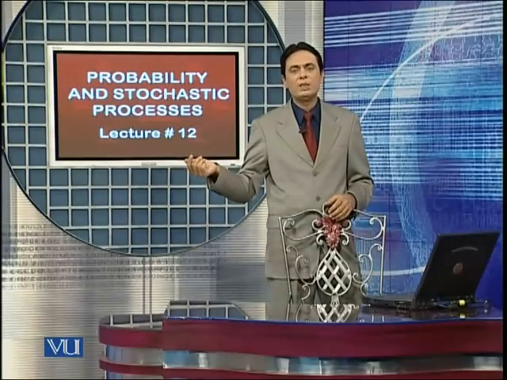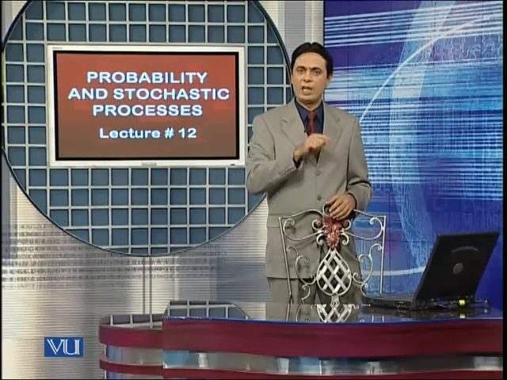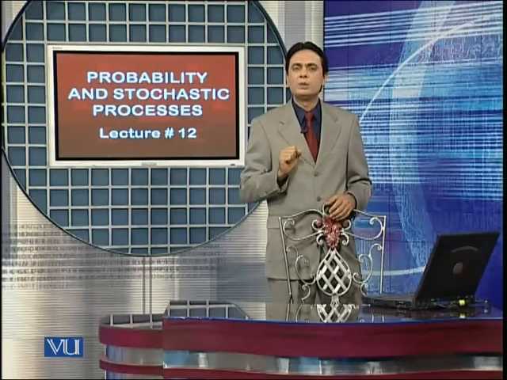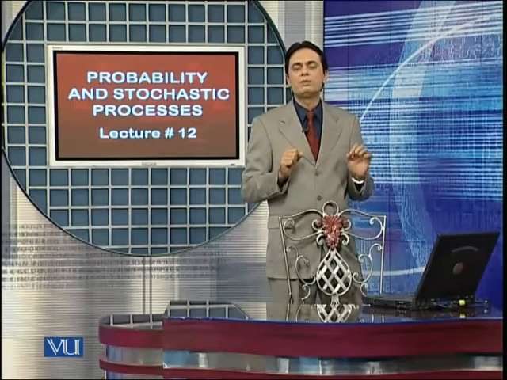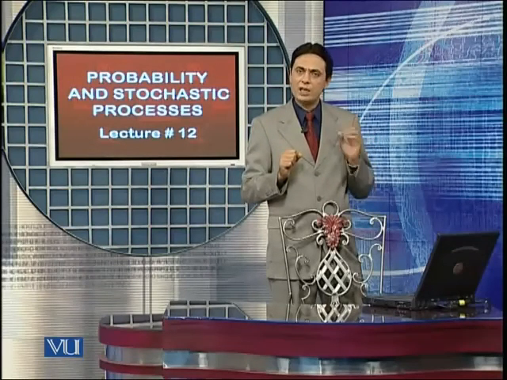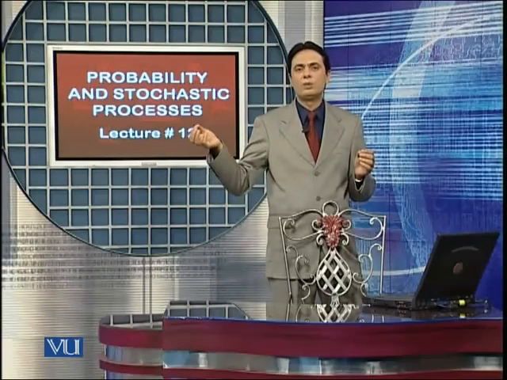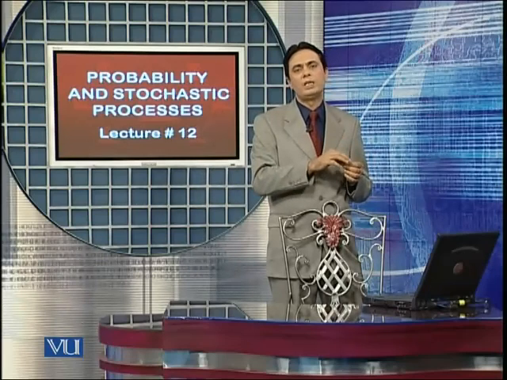You take that y1, pass it through the reverse mapping and get a point x1, where x1 is (y1 minus 1) divided by 2. If this point x1 is one of the valid points where random variable x takes on some value, then the probability of y being equal to y1 is the same as the probability of x being x1.